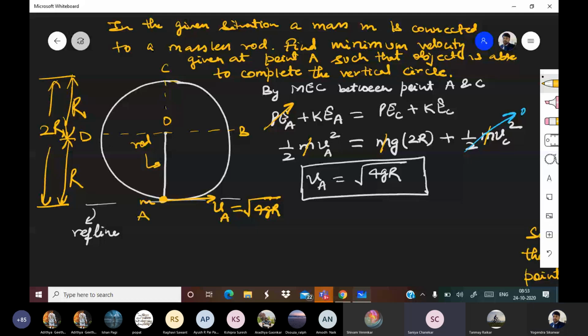How much is the height of C with respect to point A? How much above? 2r. Yes. We did this in the last class also.